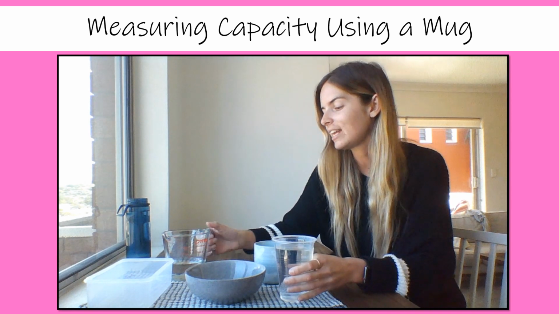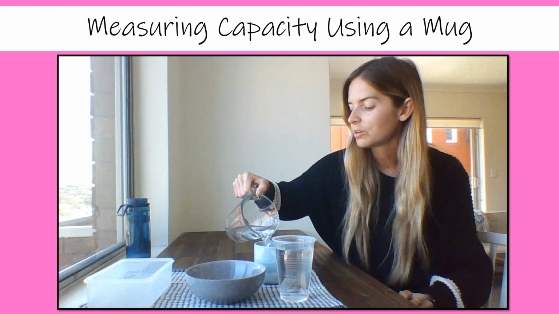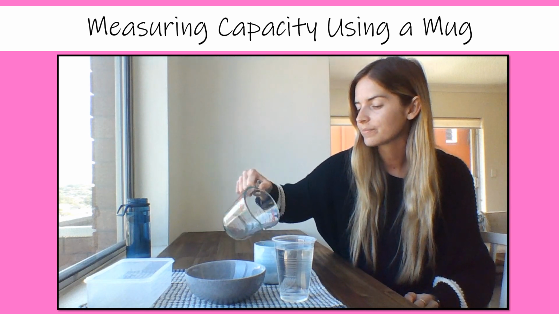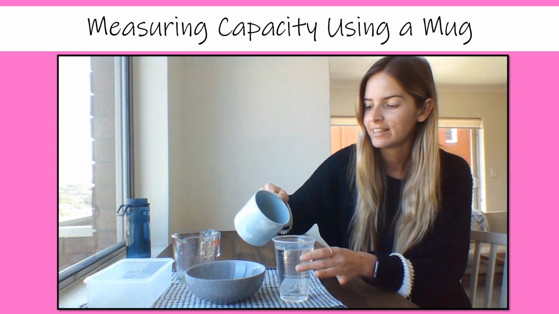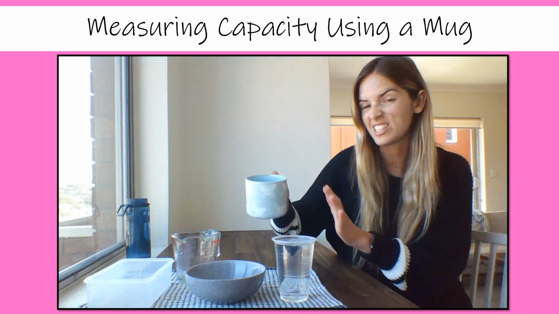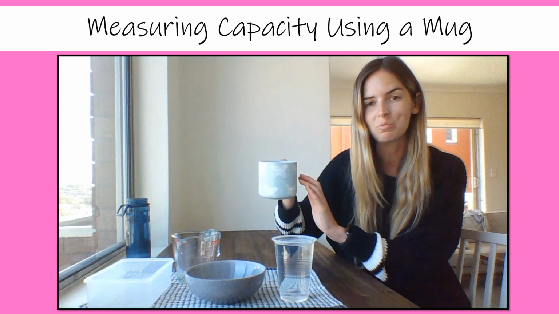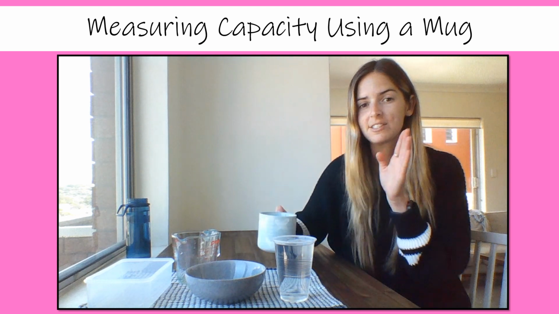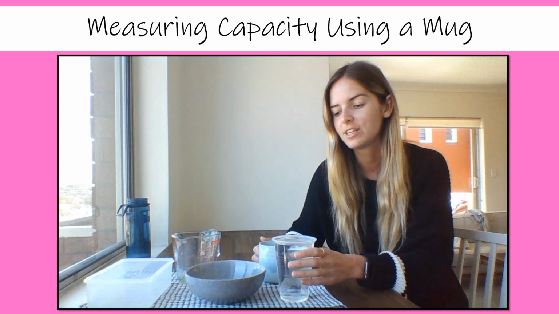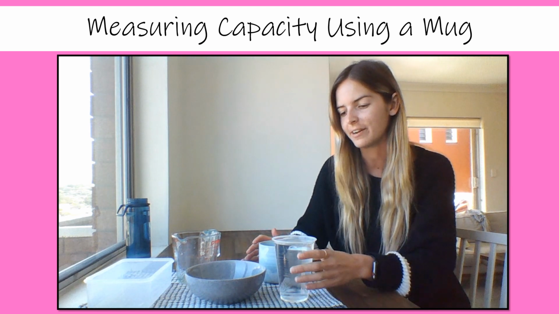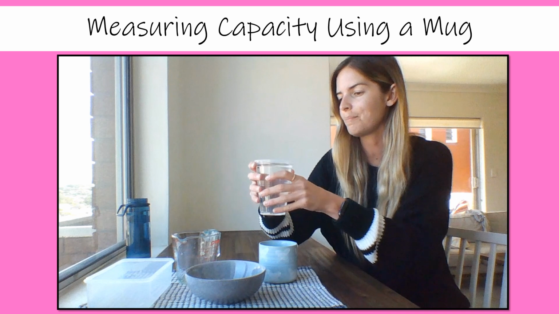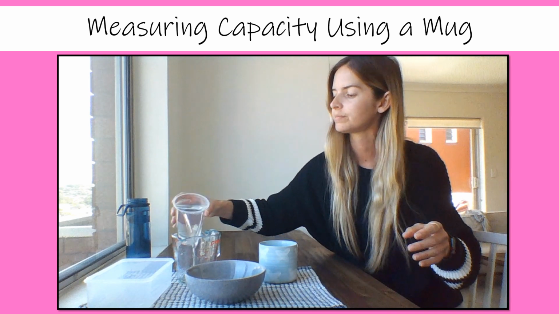So if I ended up putting a little bit more water in here and then pouring it in, yes, I still got water in here, so it definitely wasn't 2 mugs. So the plastic cup held around about 1 mug of water. Okay, so I'm going to pour that back into my jug.